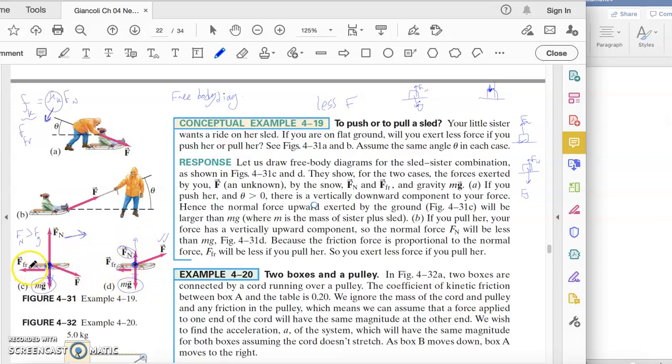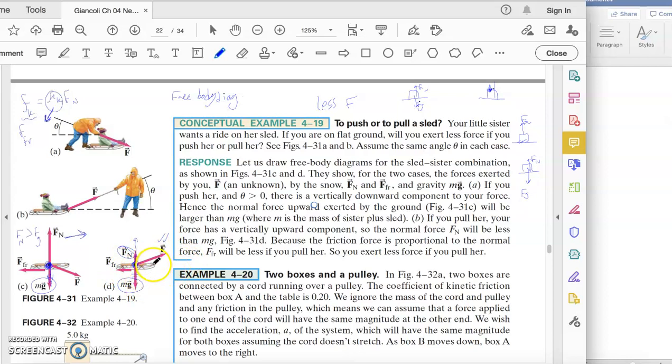If friction is more, you will require more force to move the sled. If friction is less, you need less force to move it. Since the pulling situation is with less friction, it means the person requires less force to overcome the friction and to move the sled.